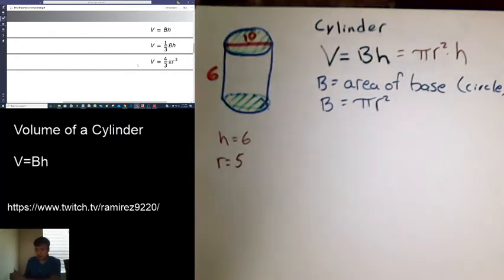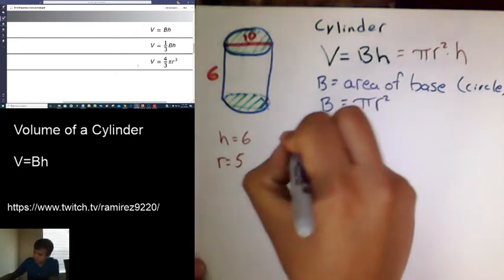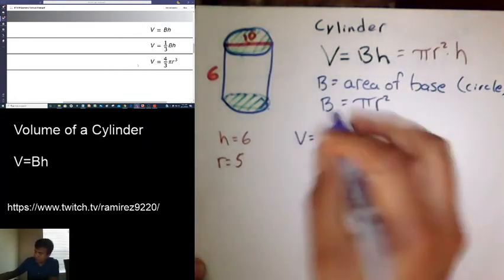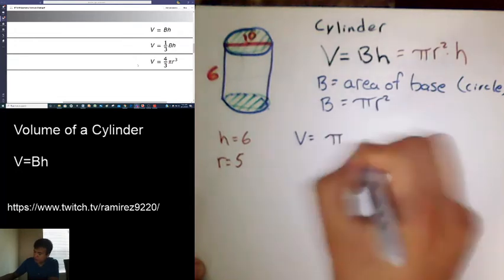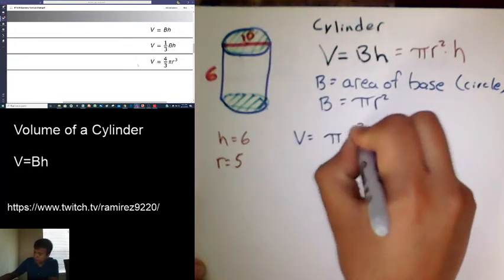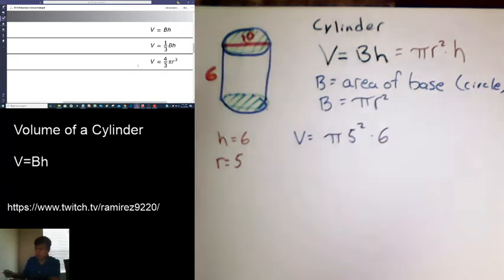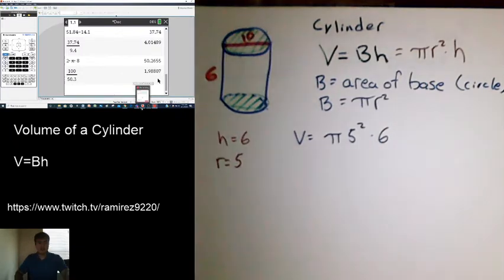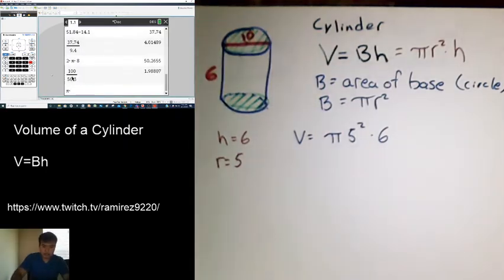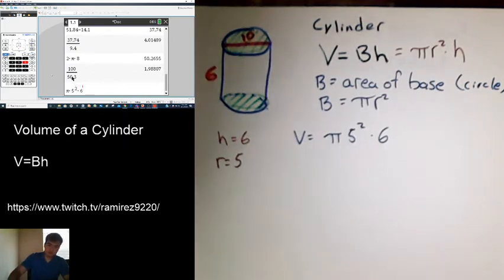Now we just have to substitute, and that's it. The volume of my figure is going to be pi times my radius, which is 5, squared, times my height, which is 6. I'm going to use my calculator: pi times 5 squared times 6.